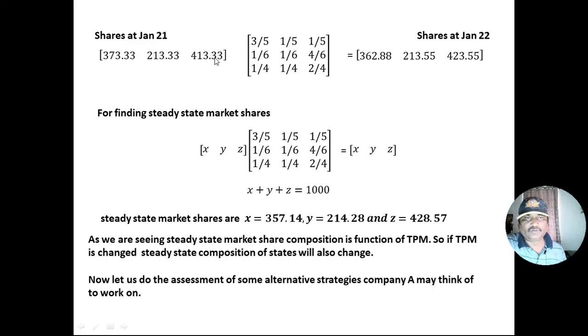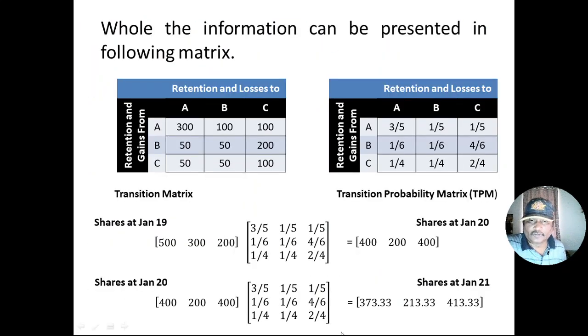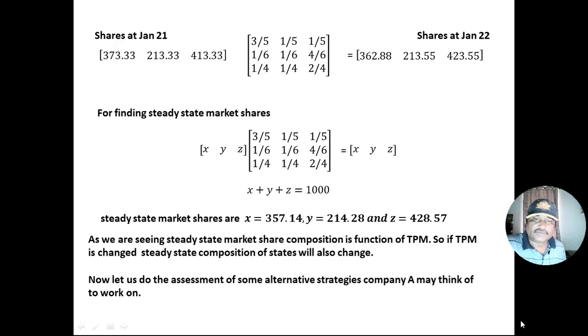Wherever you do the sum, you will find that it is coming out to be 1000 everywhere: 400 plus 200 plus 400, 500 plus 300 plus 200, and this also comes to 1000. So we have one equation, x plus y plus z equal to 1000.